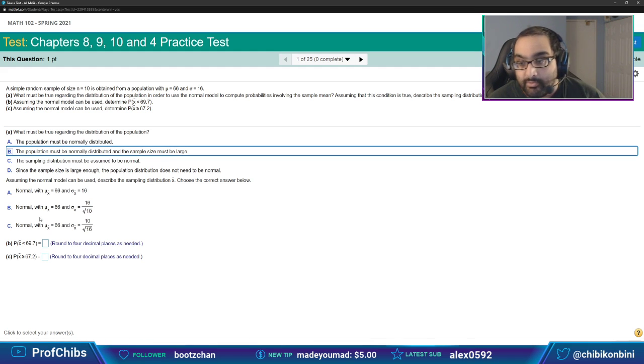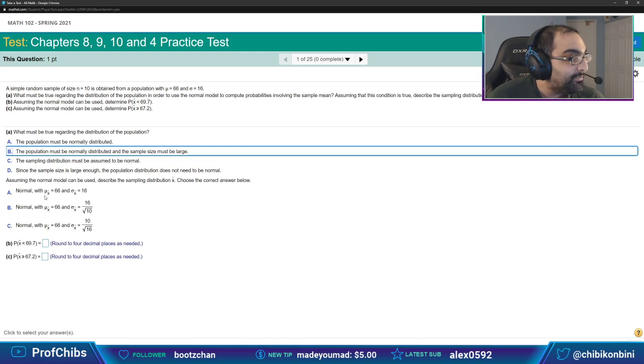Now the most important part here for you, Megan, is this second part. The second part is the big crux to the problem, because if you get this second part of part A right, then that'll help you with the last two parts to finding the probabilities. So it says, what's the mean and standard deviation?